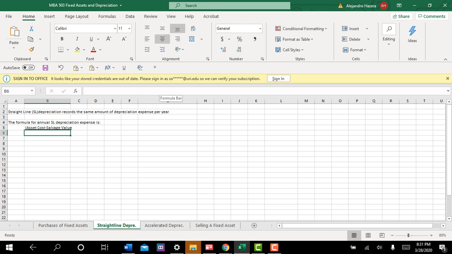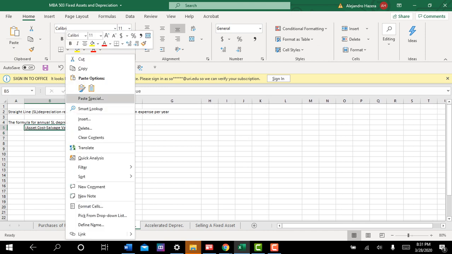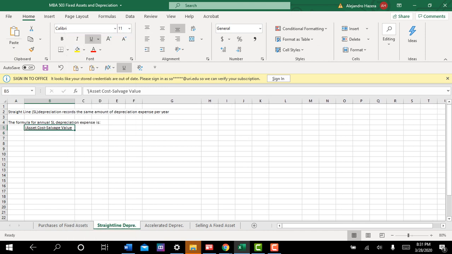And that's all divided by the useful life. The useful life is in years of the asset.